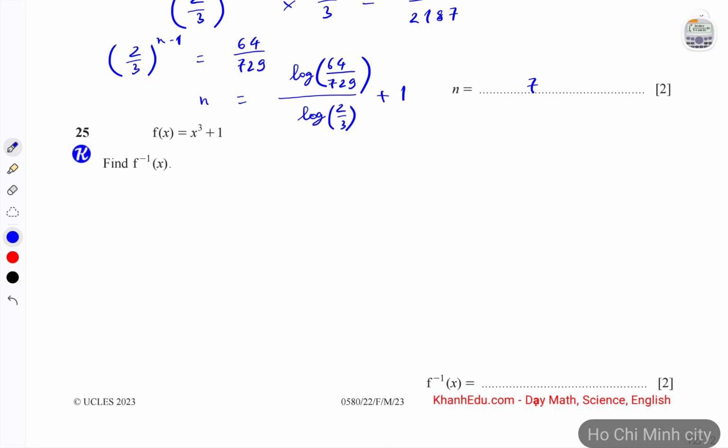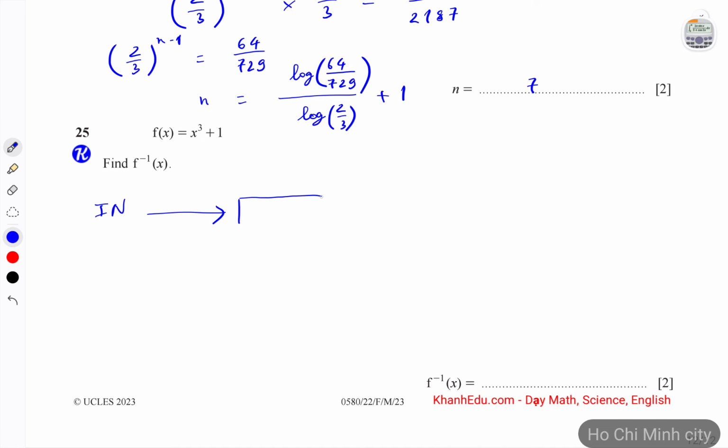The last one, we have the function f of x is x cubed plus 1. Find the inverse function of f. All right, so we can think about it as a function machine, right? So here is the input.